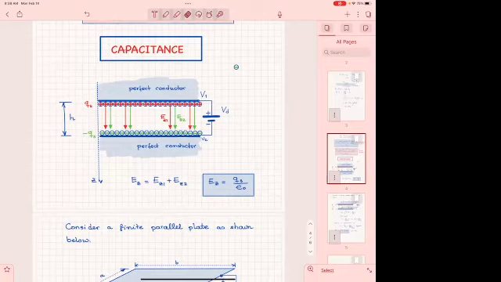And that battery gives a positive charge that distributes evenly because it's an infinite plate, and a negative charge to the top that distributes evenly. And that therefore creates an electric field inside, between the two plates of the capacitor, which is equal to QS over epsilon naught.